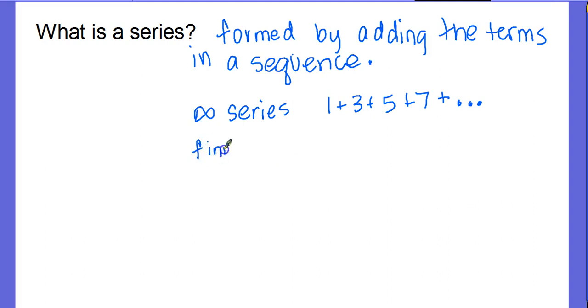A finite series could be 2 minus 4 plus 6 minus 8 plus 10. Done. Now that's what we call an alternating series because it's switching signs. It's 2 plus negative 4 plus 6 plus negative 8, but I'm not writing the plus. You guys get it? Okay. So that's a series. So what's the difference between a sequence and a series?